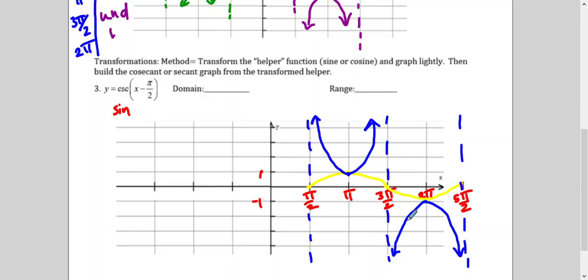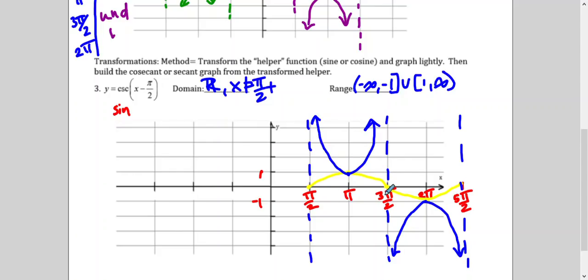Your range did not change because we didn't shift it up or down. So your range is still negative infinity to negative 1 and 1 to infinity. Your domain is all real numbers, x does not equal, and we have a first asymptote at pi over 2 plus pi k, because the distance between these asymptotes is pi.